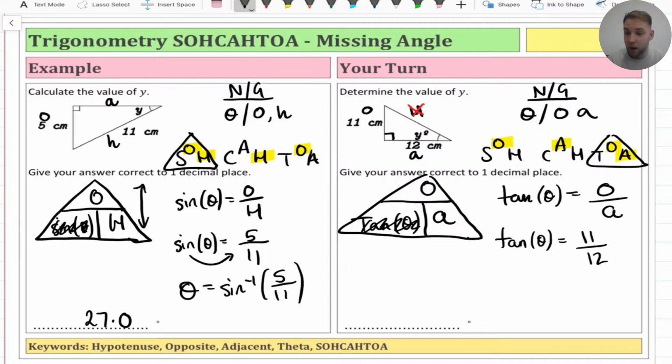And then the last little part is I need to get rid of the tan on the left-hand side by doing tan the inverse. So theta is equal to tan to the minus 1 of 11 over 12.